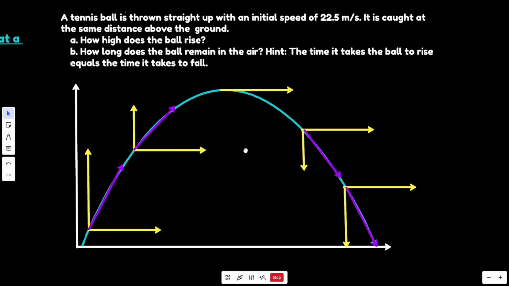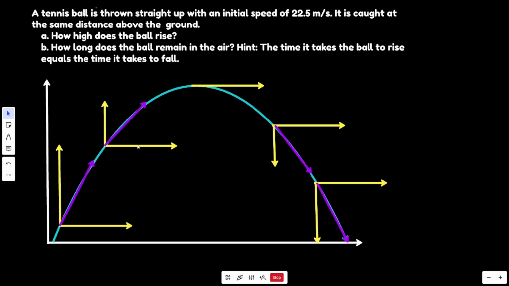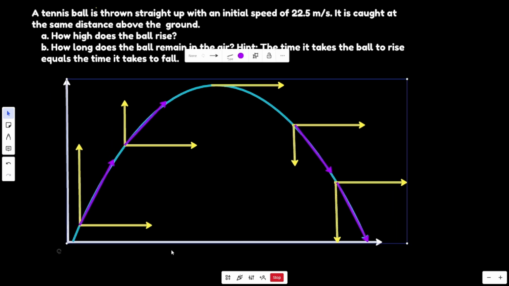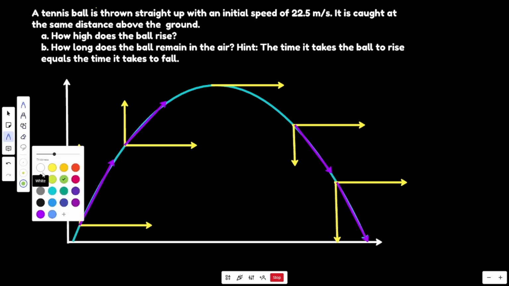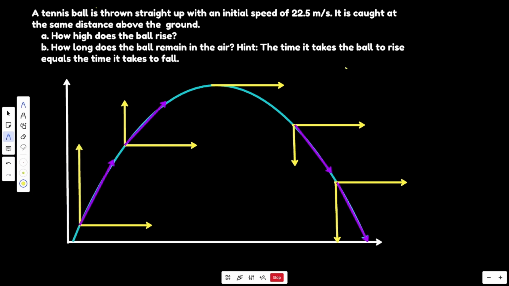So based on the given, we have an initial speed. So our initial speed is 22.5 meters per second. Let's give that a color, yellow. So V0 is 22.5 meters per second.